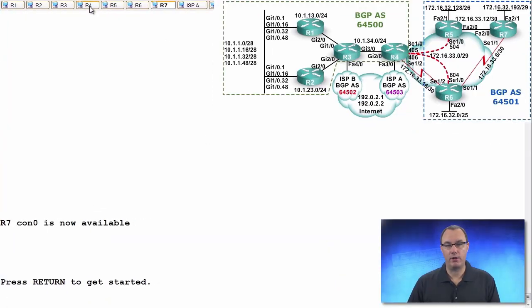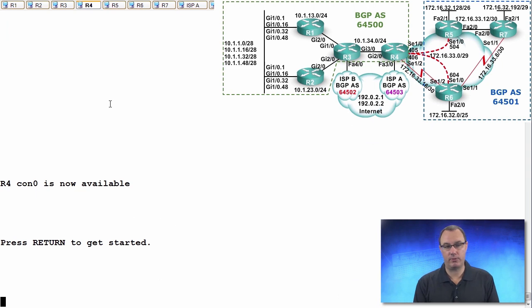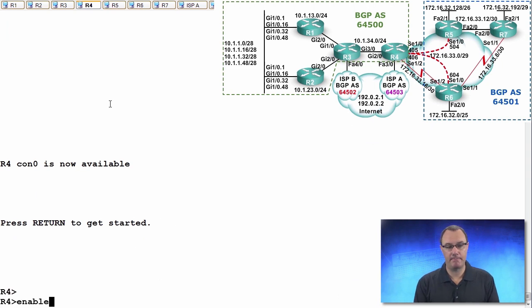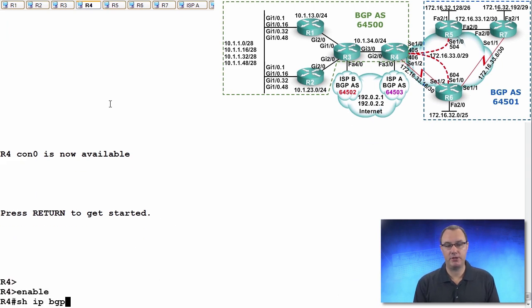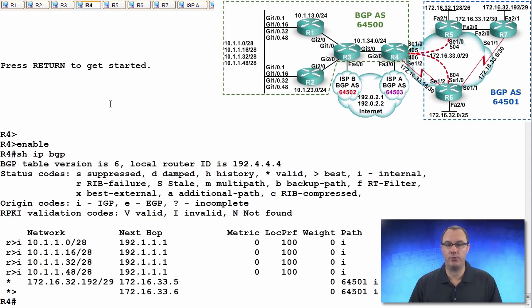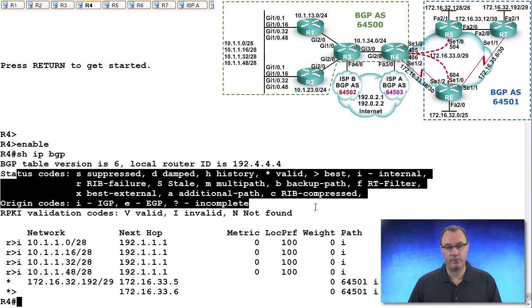If I were on router 4, or any of these routers running BGP, I would do the show ip bgp command, which is a great way to view the stored information that BGP has. So, lots of codes up top. Let's talk about how that listing was. What was the very first item in the list?